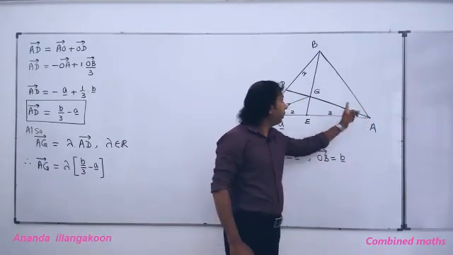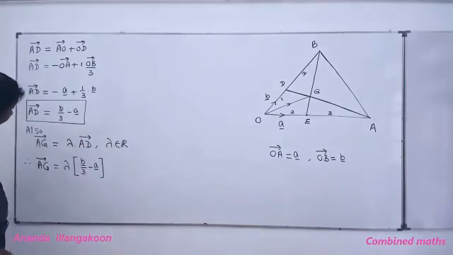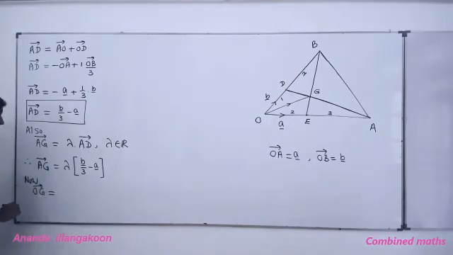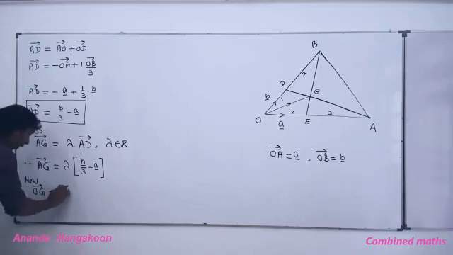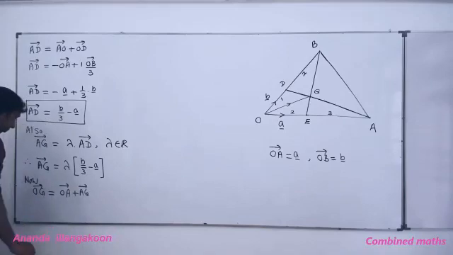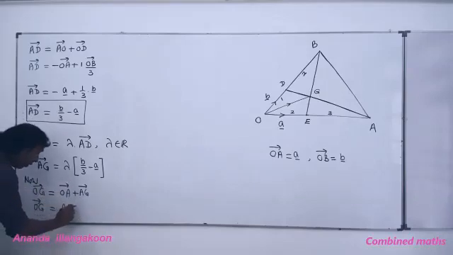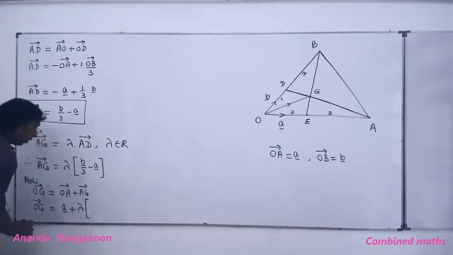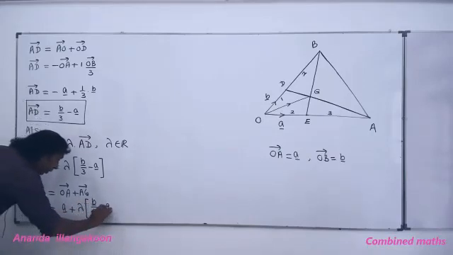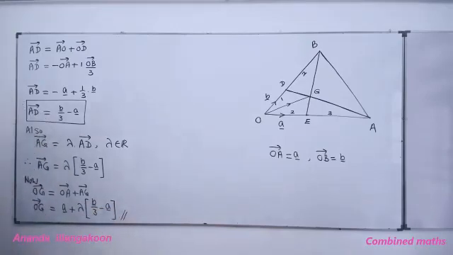OA plus AG. Correct? So OG vector you can write as OA vector plus AG vector. OA vector is simply vector a, plus AG is this vector: lambda times vector b divided by 3 minus vector a. That gives us the first answer.